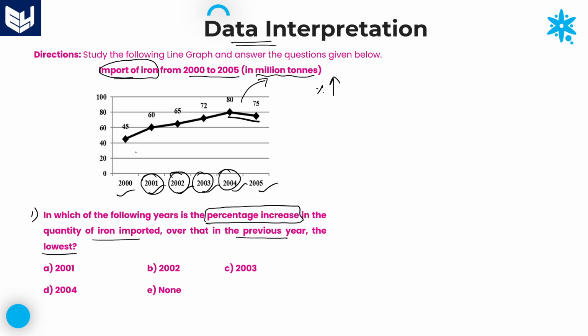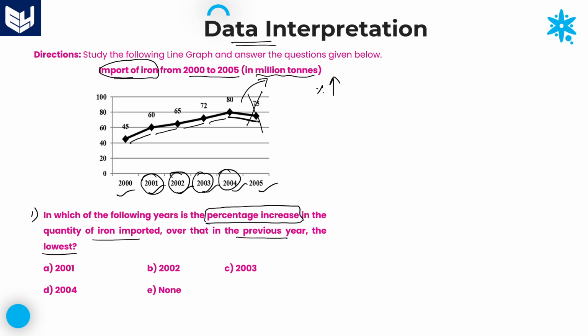Check whether in each and every year the values increase compared with the previous year. 2001 compared with the previous year increases. 2002 increases. 2003 increases. 2004 also increases. But coming to 2005, this value does not increase, it decreases. The 2004 value is 80, whereas the 2005 value is 75.